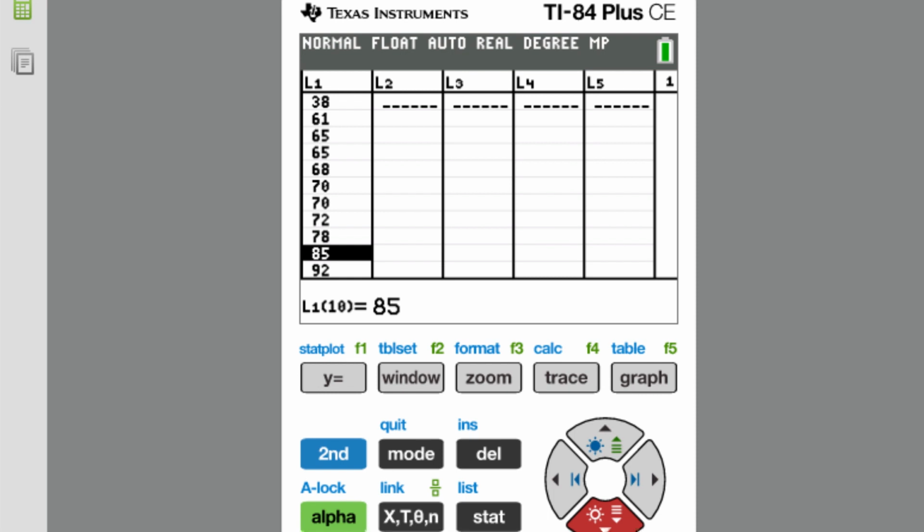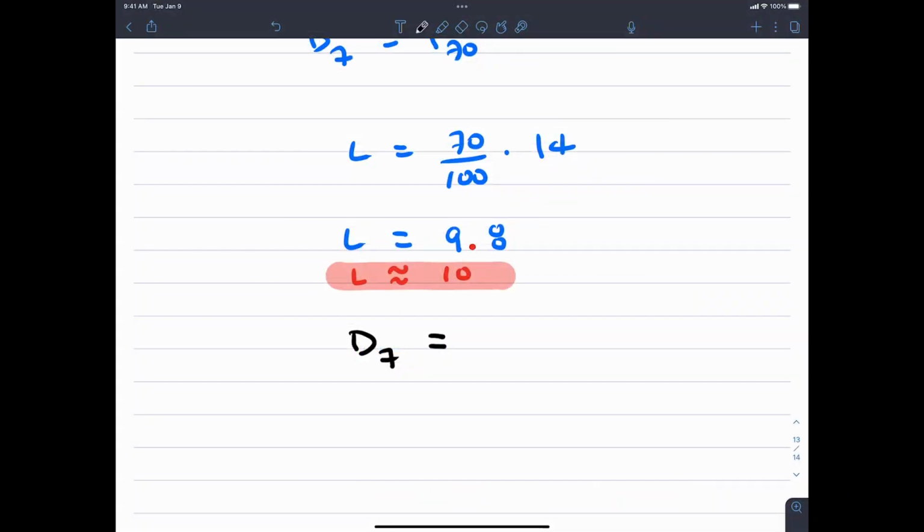So what's the 10th data value in the sorted list? So what is the answer to D7? It equals 85.